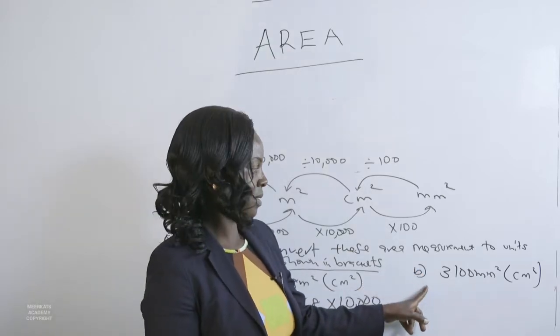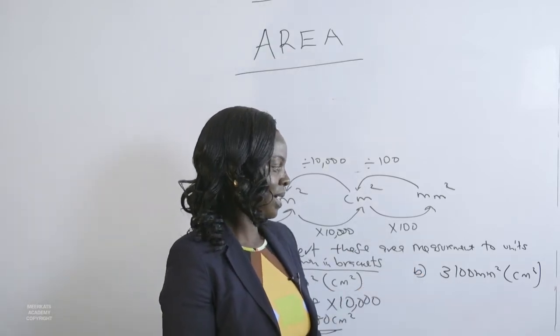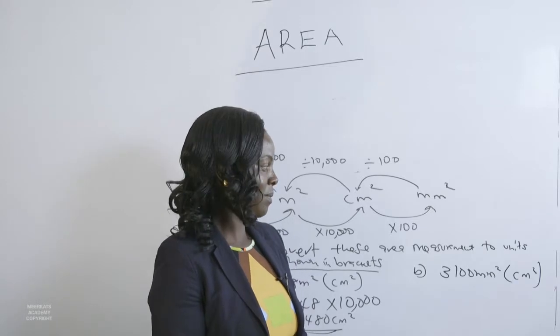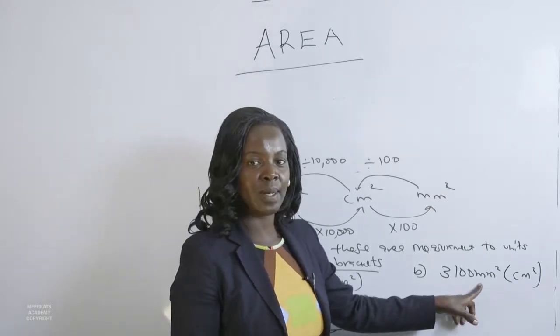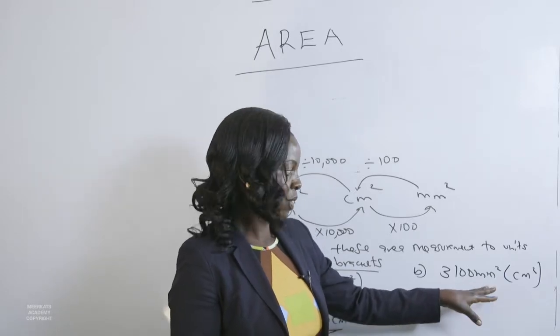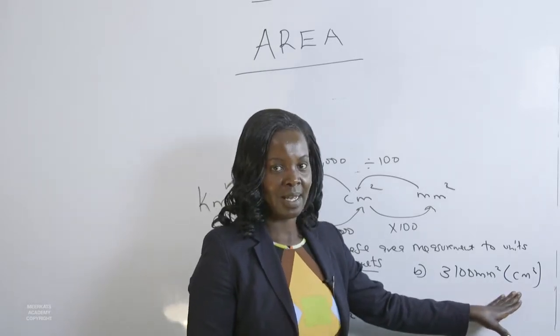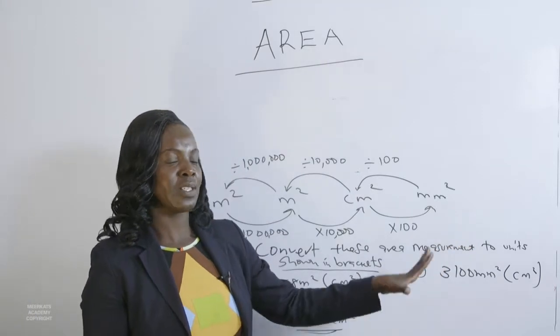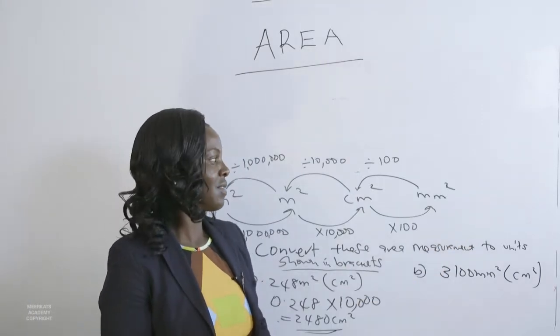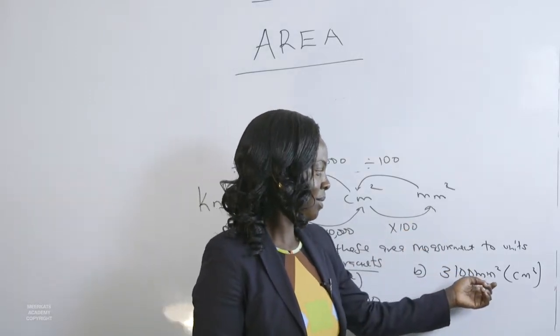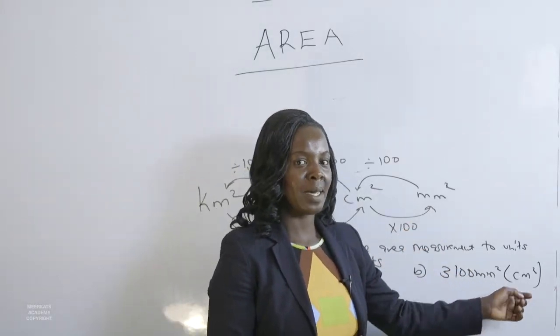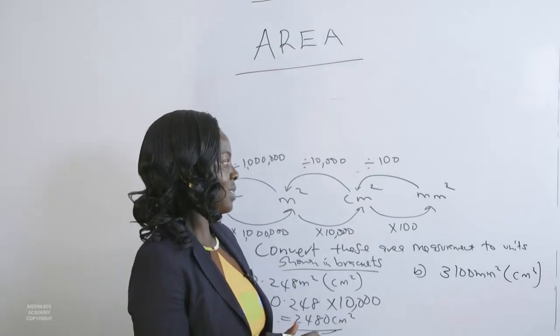What about the 38,100 square millimeters into square centimeters? You realize that with this one, we are moving from a smaller unit to a bigger unit, and we are saying if you are moving from a smaller unit to a larger unit, we divide. The other thing that you need to understand is how many square millimeters make 1 square centimeter.